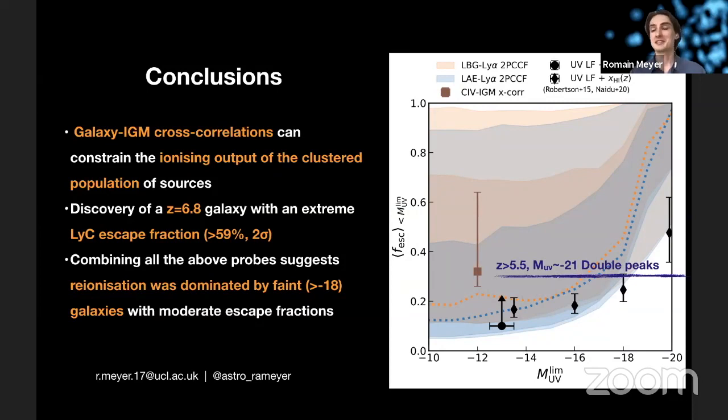Yes, so that's an excellent question. Obviously the issue is when you do this, if you take LBGs, especially, because you're pre-selecting them based on the break, but then you don't look at any break galaxy, you look at the ones that you can confirm the redshift of. So you're looking at the ones that are in highly ionized environments, and so perhaps you're selecting indeed the environments where you have the most efficient leakers, meaning the constraint that we have targets a subpopulation that is the most efficient leakers in the universe.